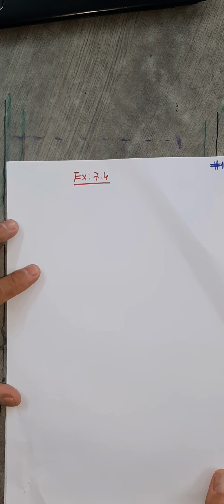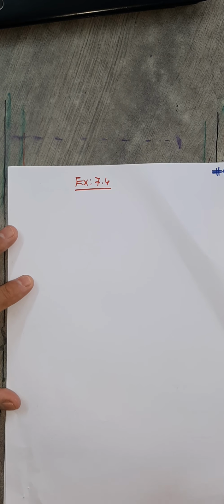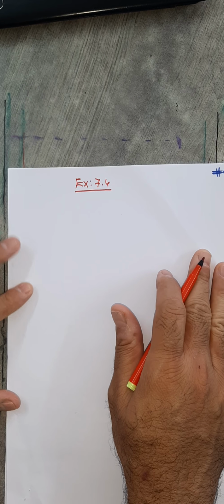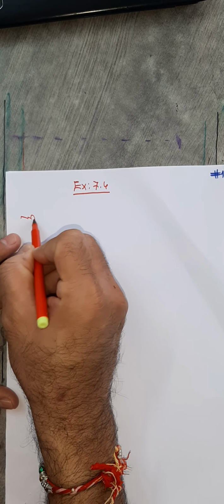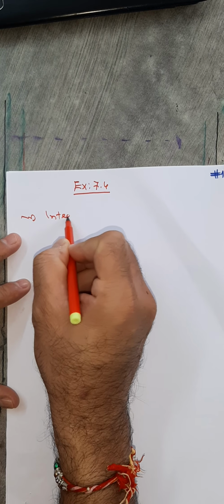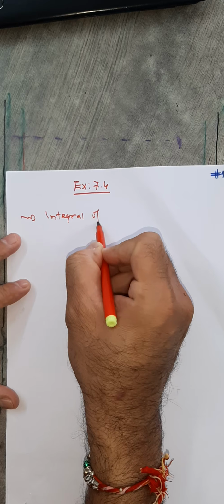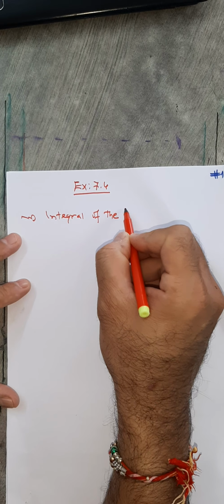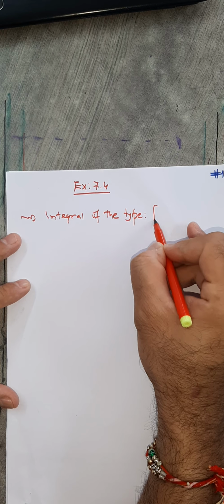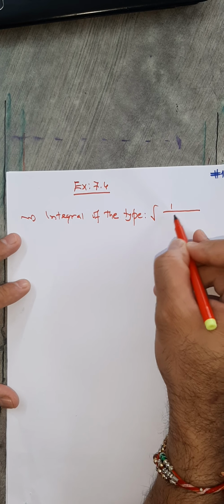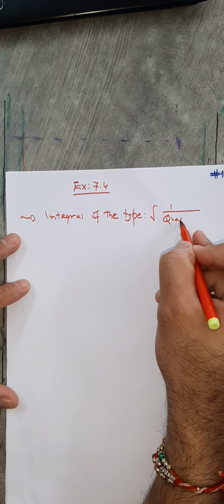Now here we go for exercise 7.4, but before I start 7.4 we discuss here integral of this type: 1 upon quadratic. Integral of the type, inside the integral you have 1 upon quadratic expression.